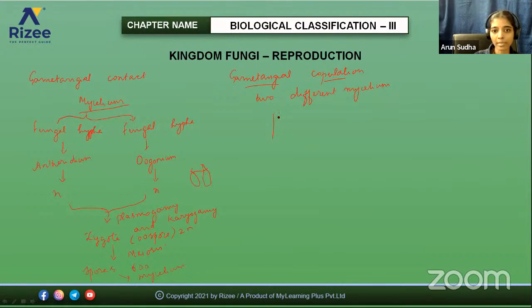So this is one mycelium and this is another mycelium. Here these structures are called progametangia, then there occurs a fusion of these gametangia.